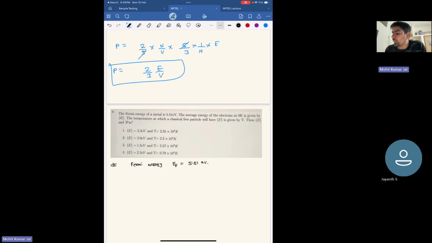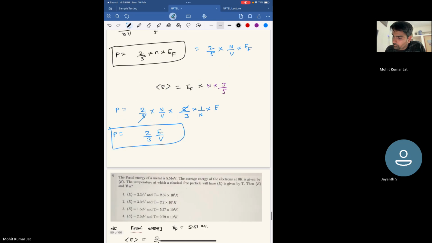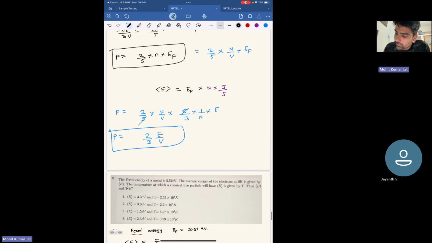The average energy of the electron at 0 Kelvin is asked, so that is nothing but E by N. Let me write it better, E by N. That's what they are asking.